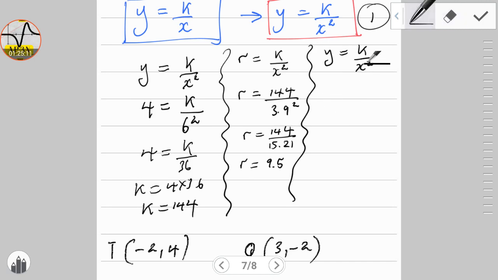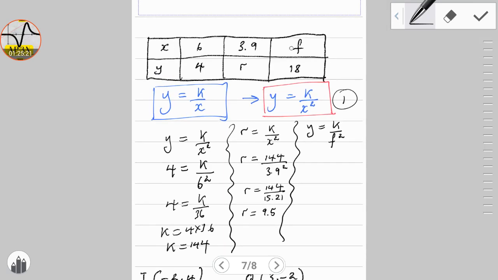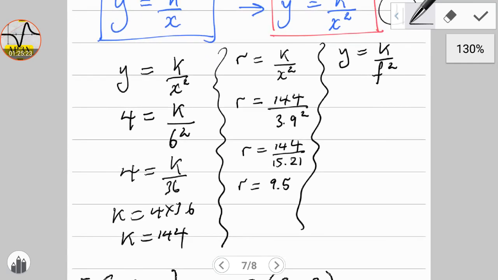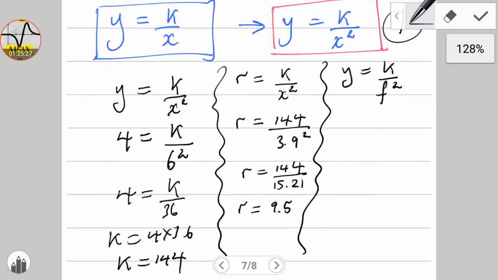So y remains as y, k remains as k, but we remove x squared and put f squared because f is now representing x. Instead of x squared, we have f squared. Y is therefore equal to 18. So 18 is equal to k, which we know is 144, divided by f squared.